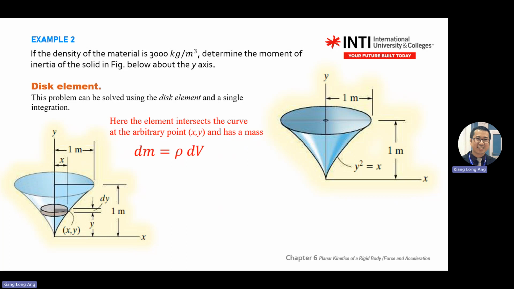To find the volume, you find the area multiplied by the height. So pi r square multiplied by dy gives you your dv. Then you want to integrate. The y is changing, so your dy. That's why we force our equation into dy.